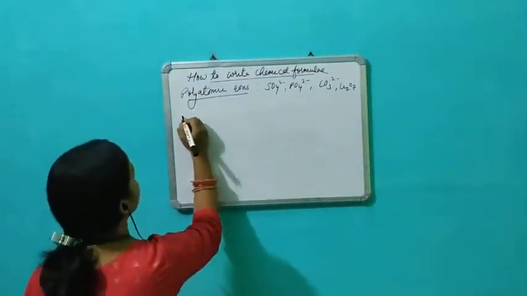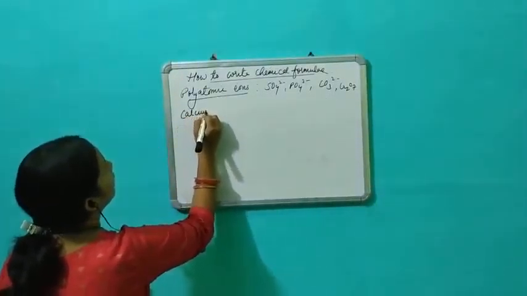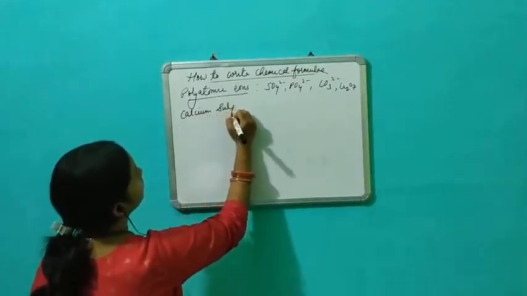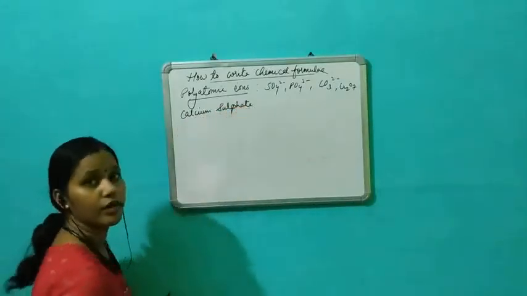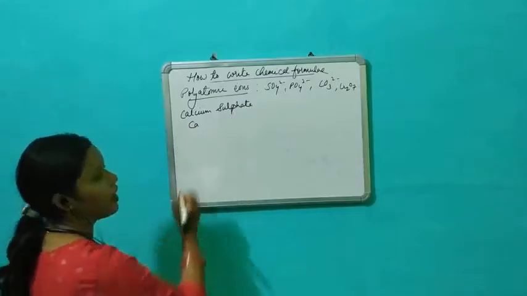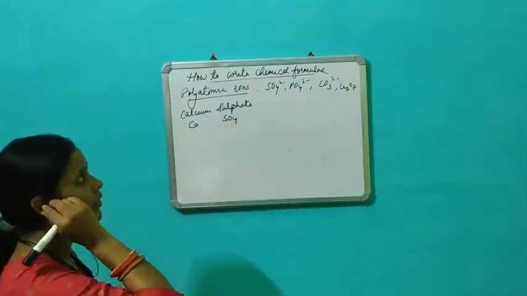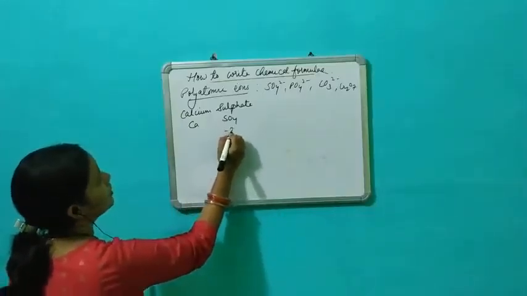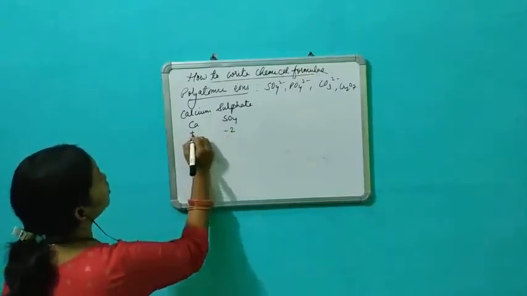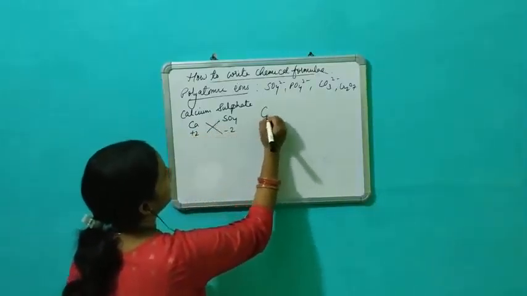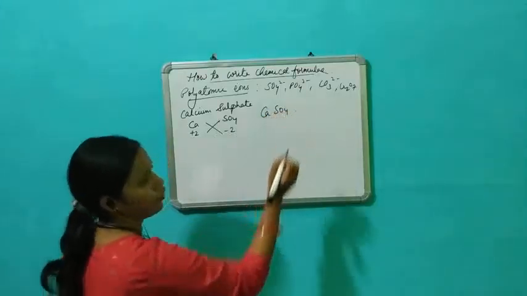So calcium sulfate. We know calcium is Ca and sulfate is SO4. What is the charge on sulfate? Sulfate is 2 minus and calcium is +2. When we crisscross, we get CaSO4.